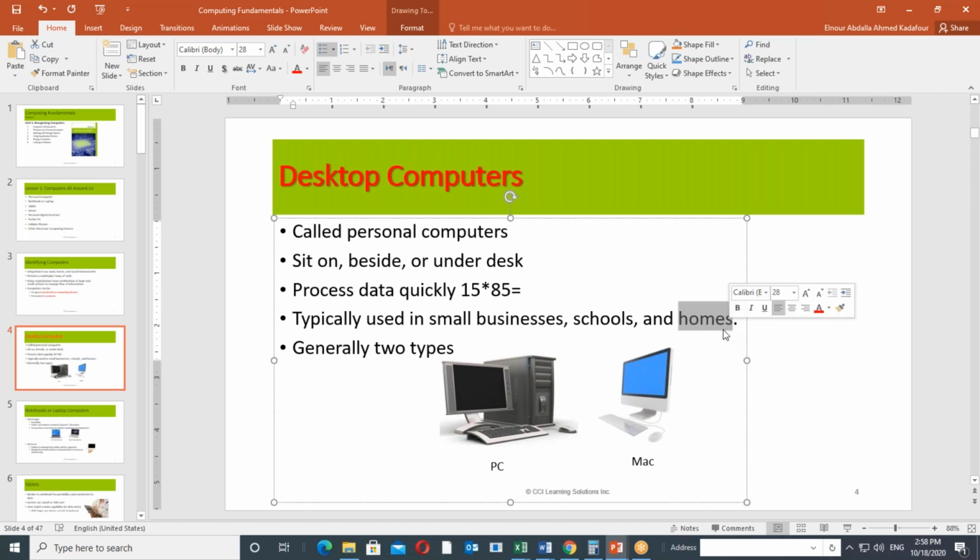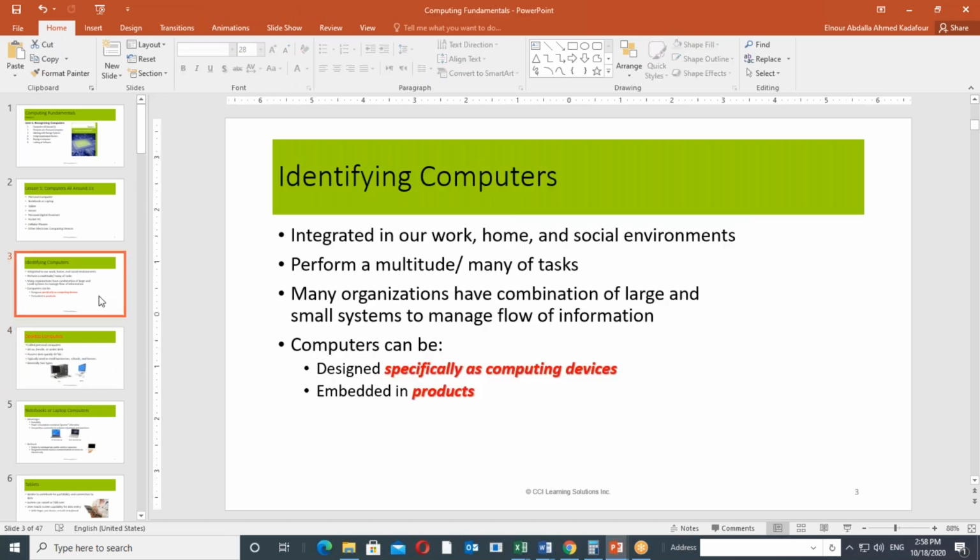So that's the personal computer. The two types are PC and Mac. Each one has its own software. The software for the PC is different from the software for the Mac computer.